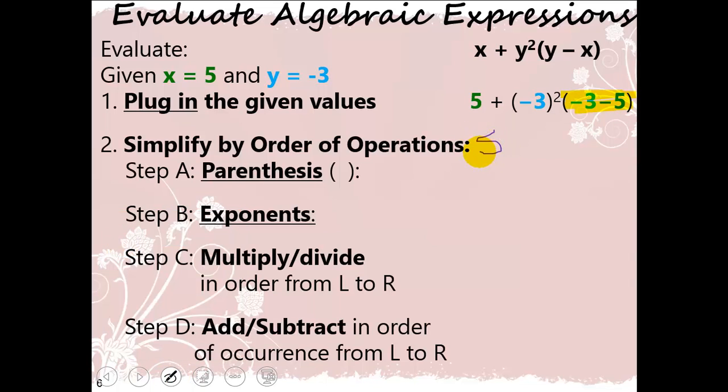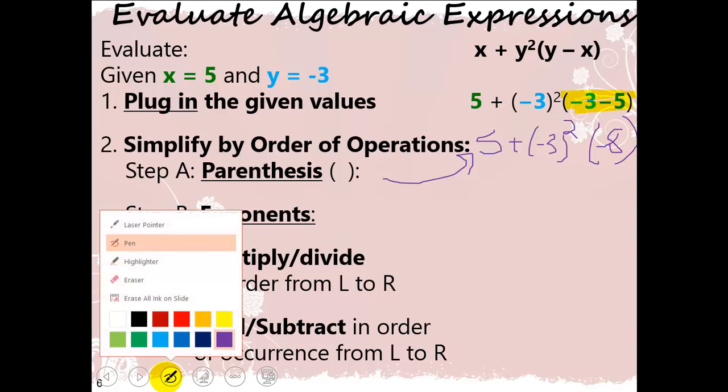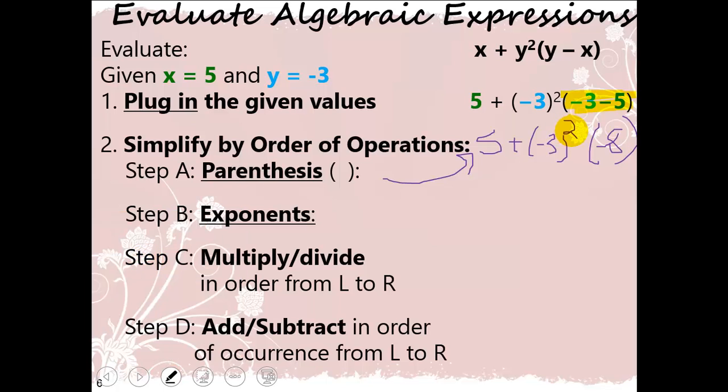So I have 5 plus negative 3 squared times negative 8. Before I do multiplication, I have to do the squaring. So now I get 5 plus negative 3 squared is 9 times negative 8. Okay, these parentheses are different than grouping symbols, okay? That's just to keep the negative in check.